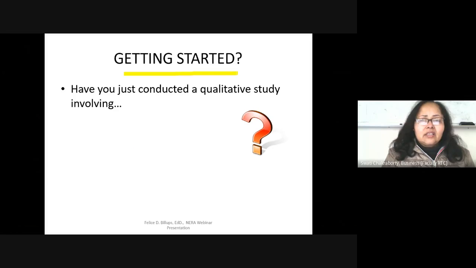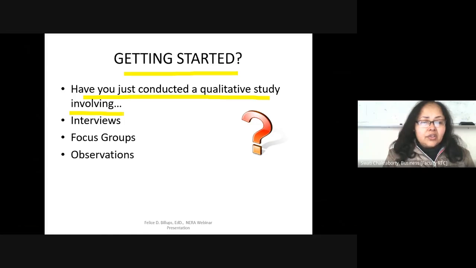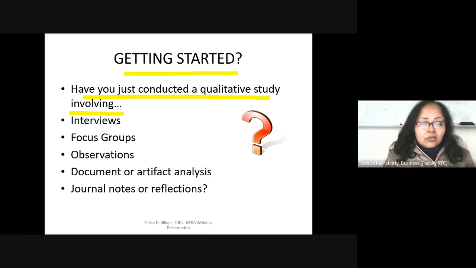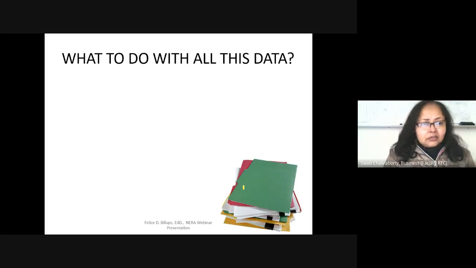So the first question that comes up is, have you ever conducted a qualitative study, which involves interviews, focus groups, observations, documents or artifacts, journal notes or reflections? These are things we have been doing in our entire course, discussing, and you have been doing it. So what will you do with all this data?